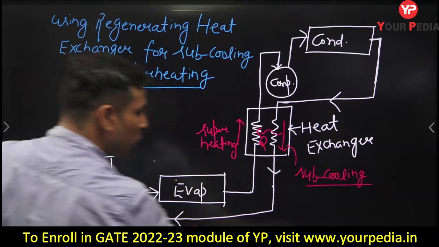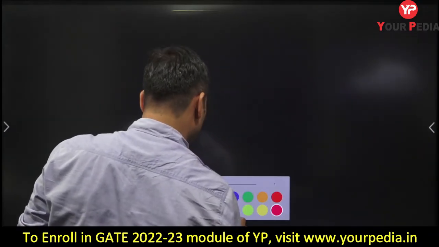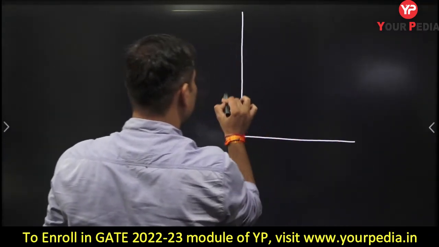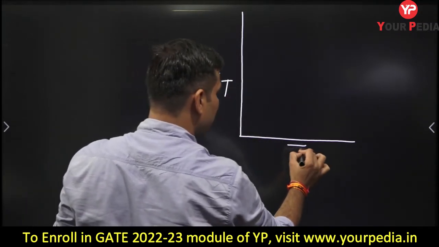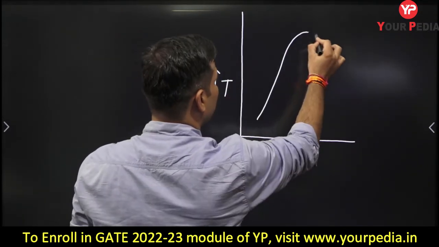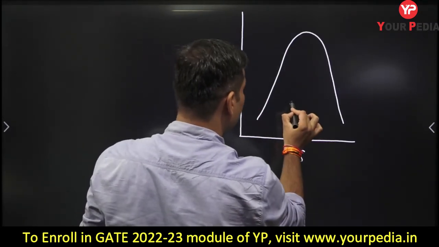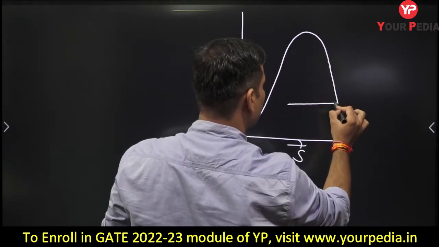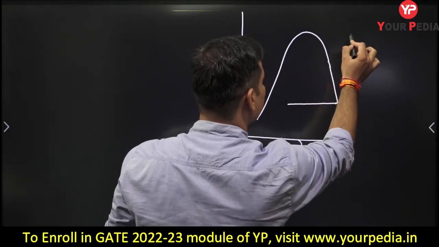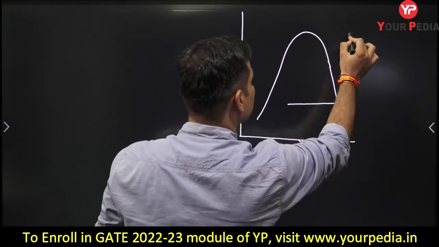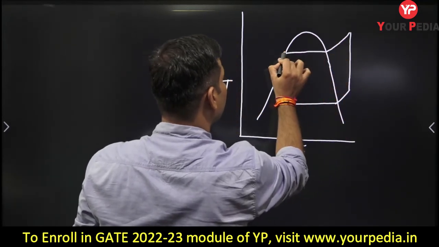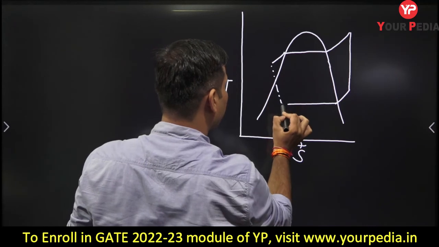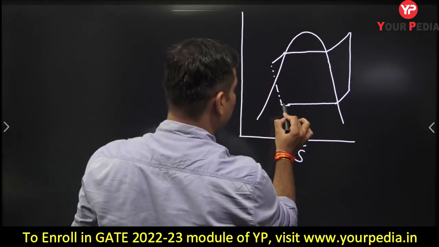Okay, so if you draw the schematic diagram, the cycle diagram, let me draw it here, the TS diagram. So the TS diagram will be something like this. So this is the superheating, and something like this.